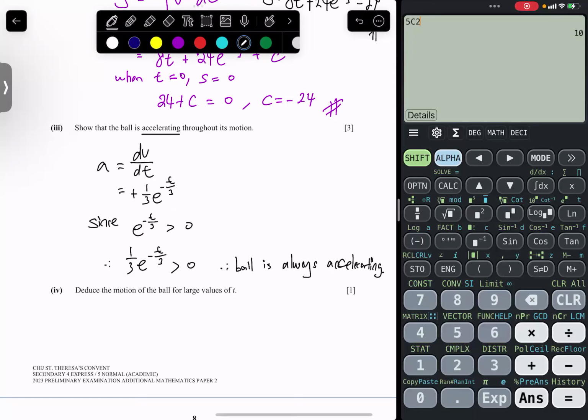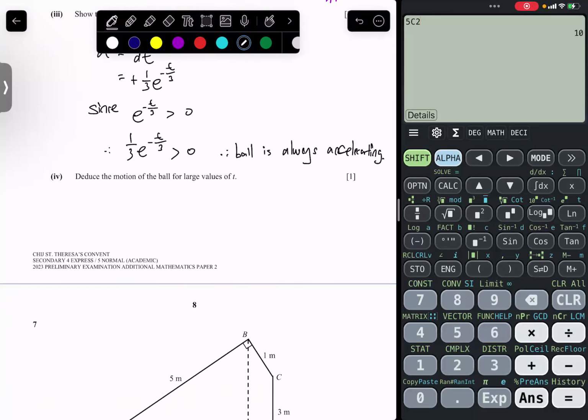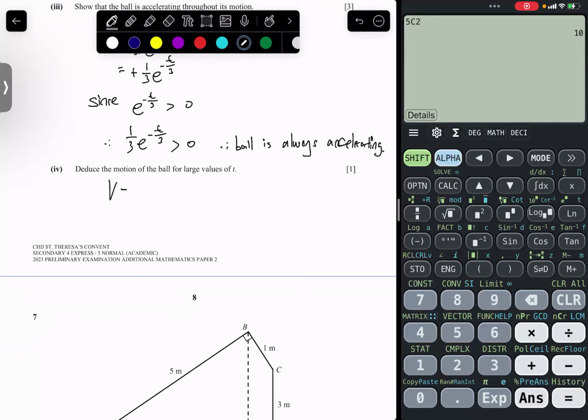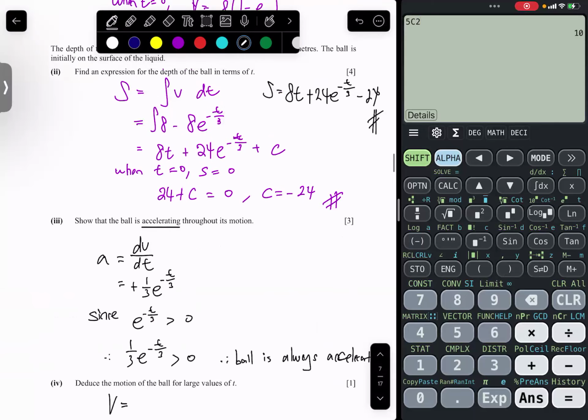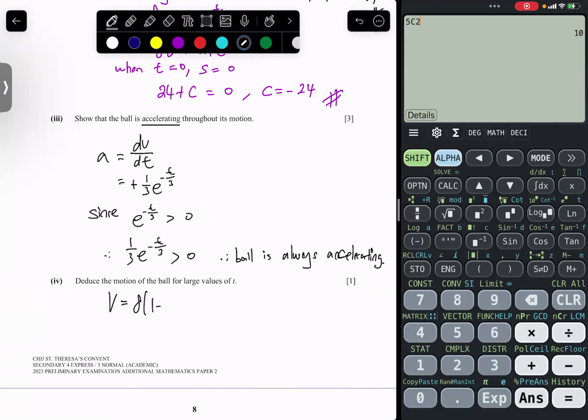Deduce the motion of the ball for large values of t. Okay, as t becomes very large, the velocity equals 8 bracket 1 minus e negative t over 3.